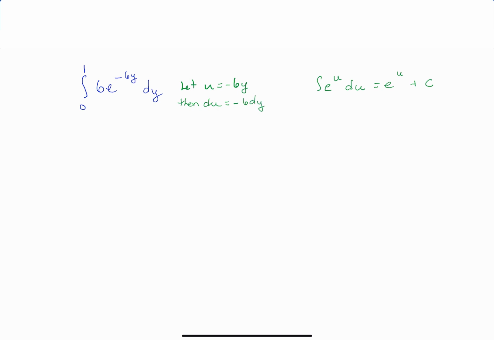Now I'm going to want to turn all the y's in my integral into u's, so I need to know what to put in for dy. Let's divide both sides of this by negative 6. And that way I can see that negative 1/6 du is what's going to go in for dy.